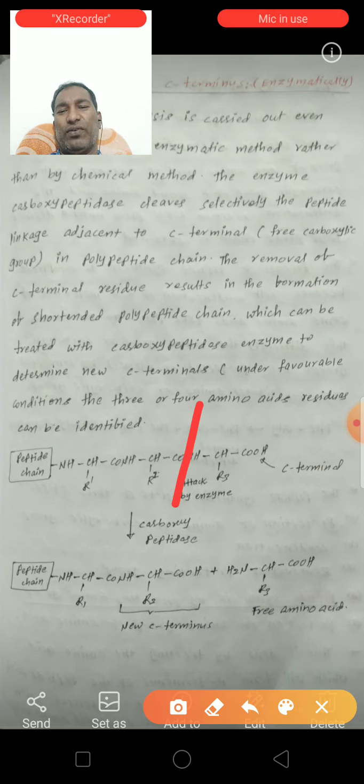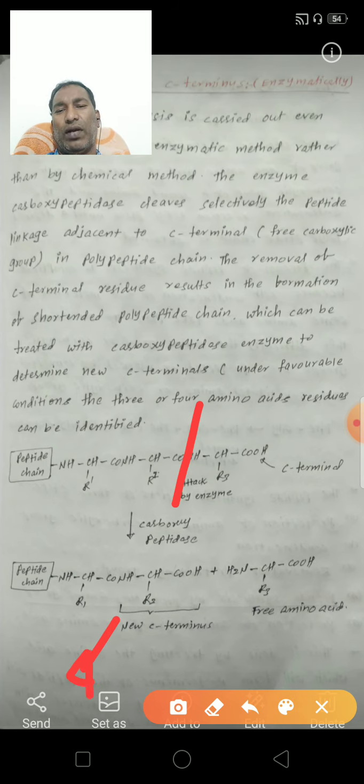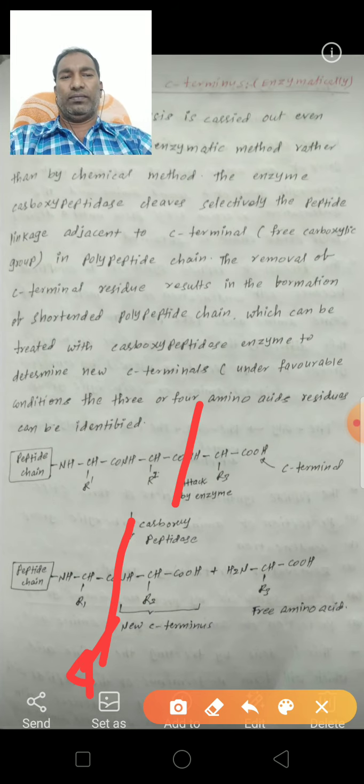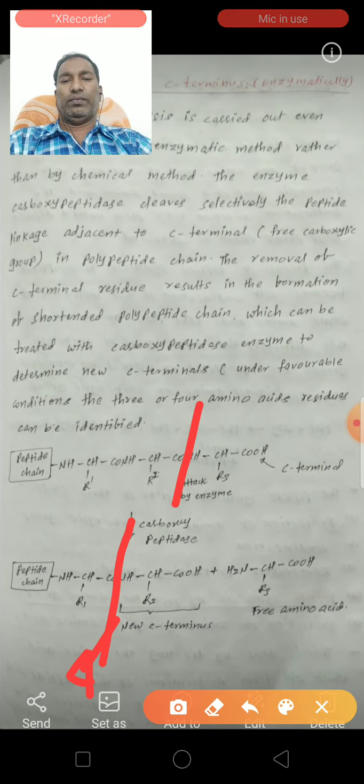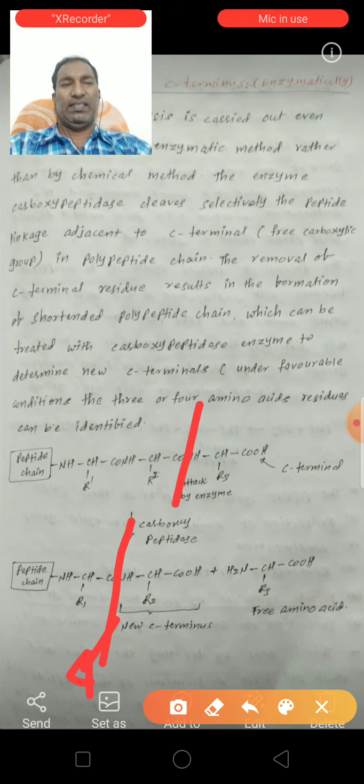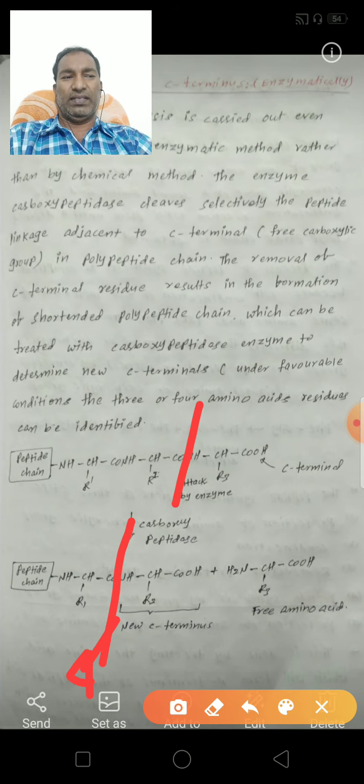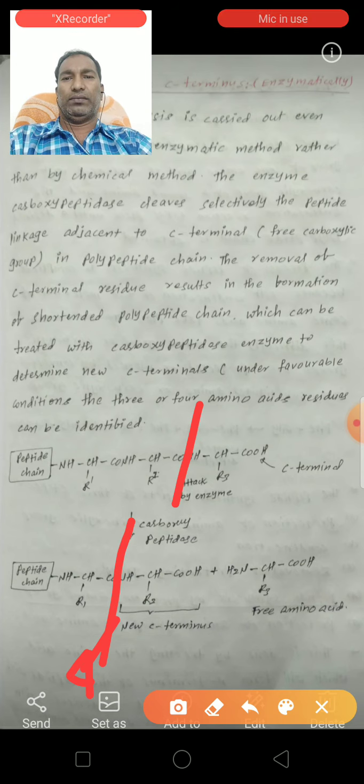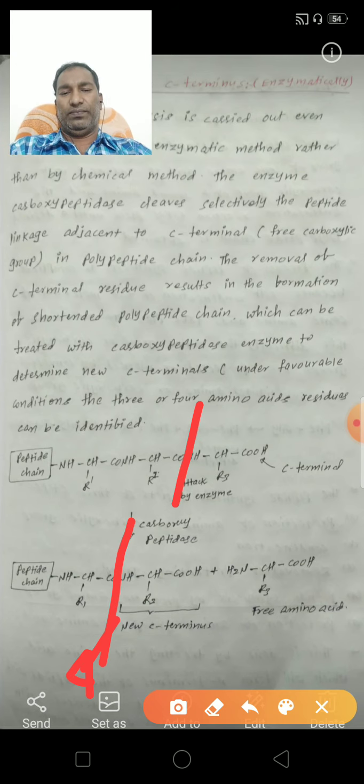Then it again reacts with 1 mole of carboxypeptidase. It will cleave like here, and the next free amino acid will form. Then one more new carboxy terminus will form like that, so we can form free amino acids. This is the analysis of the C terminus, the enzymatic cleavage of peptides.